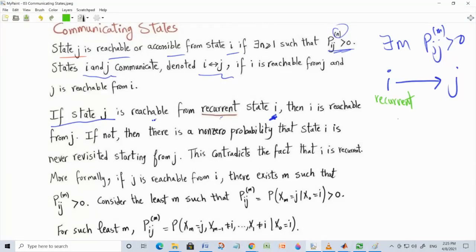What can we say? What should we conclude? The first conclusion is that if j is accessible from i, and if i is recurrent, then it must be the case that i itself is reachable from j. So as a conclusion, you can go from j to i.